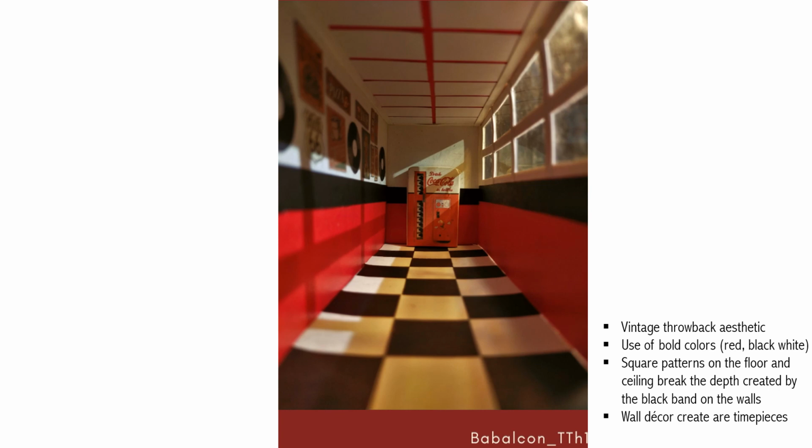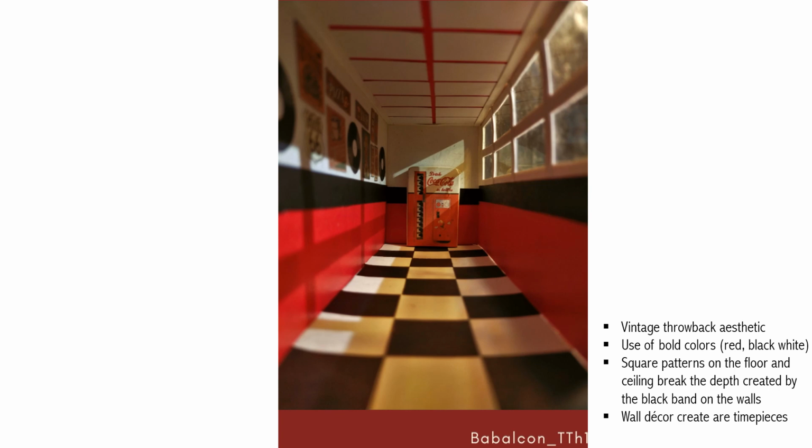It's vintage throwback aesthetic. You see the use of bold colors, which are fiery red, black, and white. There are square patterns on the floor and ceiling break. And on the ceiling also are square patterns that both of them break the depth created by the black band on the wall.